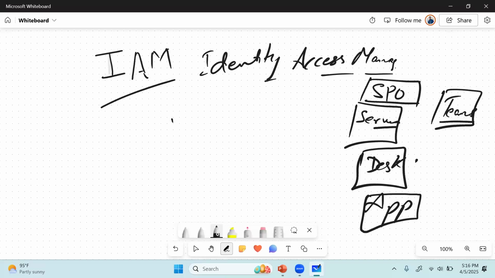I'm talking about everything, maybe the on-premises resources or the cloud resources. Apart from Teams and SharePoint, let's say you have a booking system, MS Bookings, which again comes under applications.